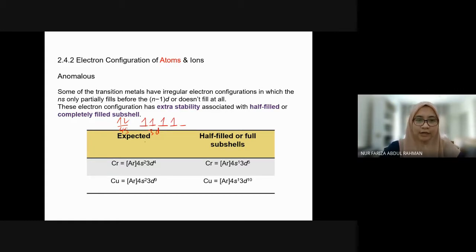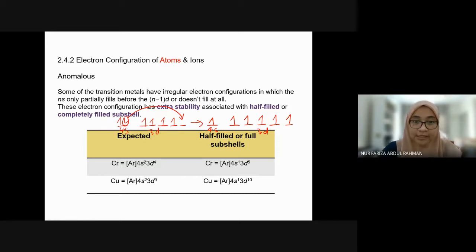This is the expected one, based on Aufbau, without thinking about extra stability or whatsoever. This is what we expect. But actually this is how the orbital for chromium looks like. 3d actually looks like this. So obviously one of the electrons from 4s is now being promoted into the 3d orbital and becoming this.